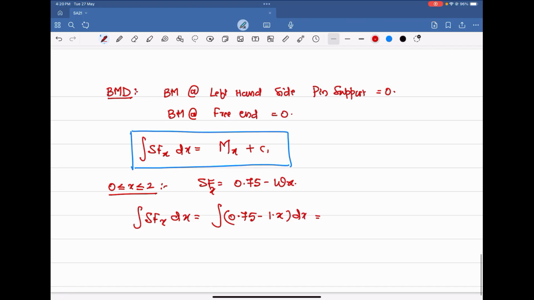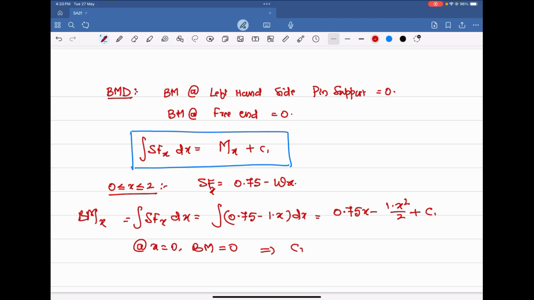That is equal to 0.75x minus 1 into x square by 2 plus some C1. At x is equal to 0, bending moment is equal to 0. This is BMx.